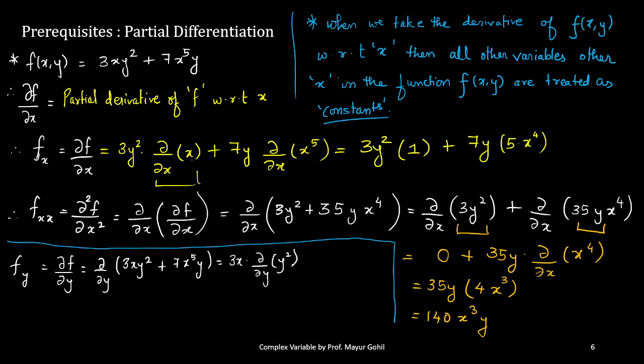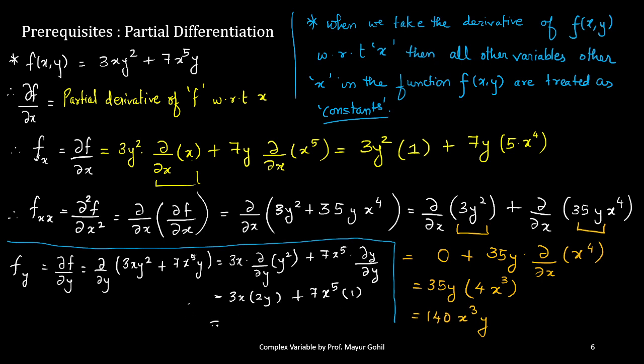of y². Okay, then plus there will be 7x raised to 5, which is constant, and then there is ∂y/∂y. Okay, so on solving we will get here 3x into 2y, and then here we will get 7x raised to 5, and ∂y/∂y is 1, so that is 1.